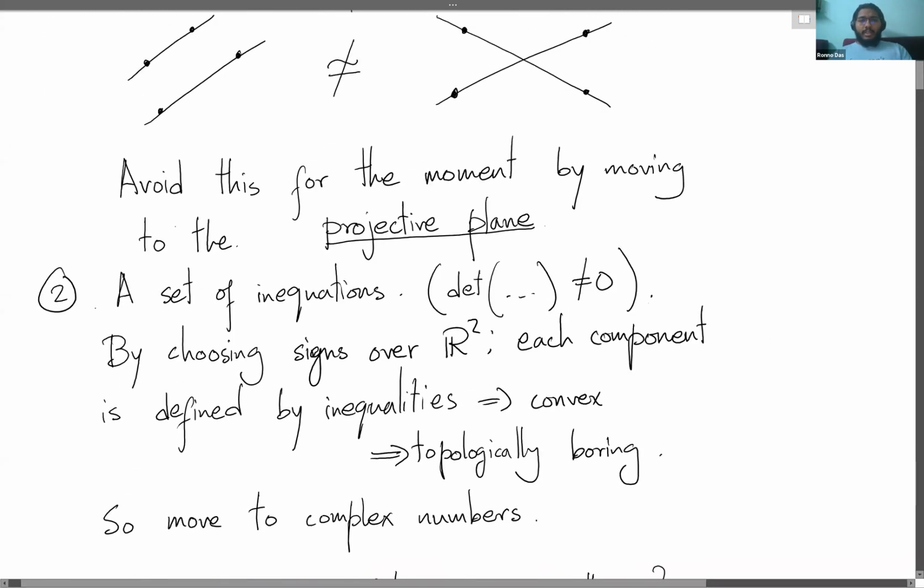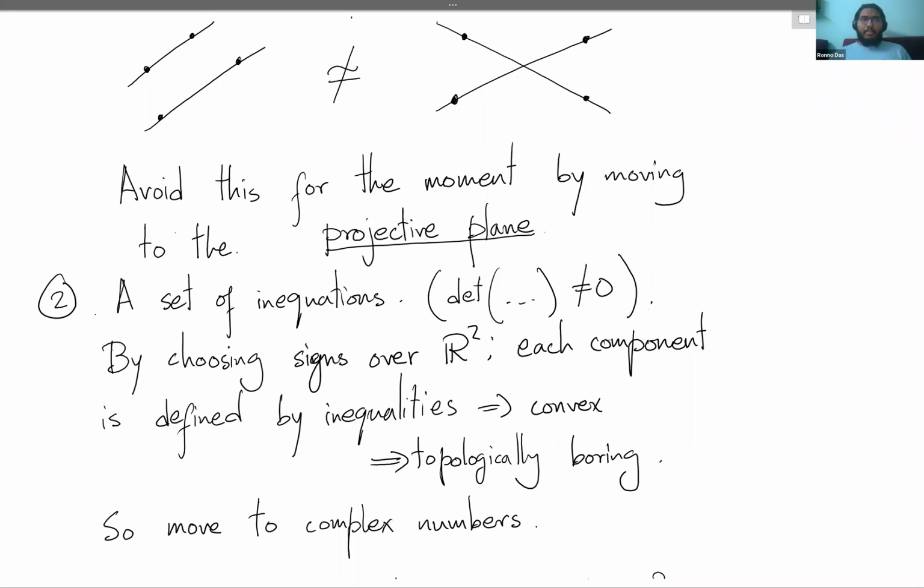Second, we want to look at the space of all the n-tuples of points satisfying this condition. Over R, this is given by some set of inequalities. Really, we are saying that 3 points are not on a line if some determinant does not vanish, but since you're over R, you can break into cases whether the determinant is positive or negative.